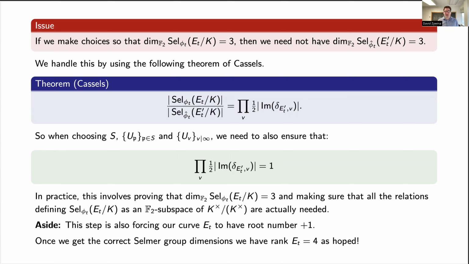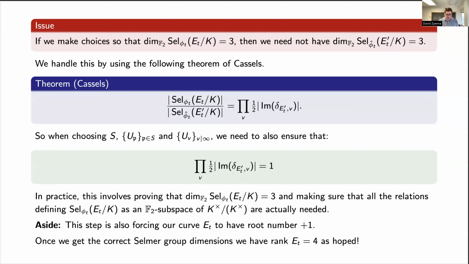And it's a nice way of linking these two groups together. So what happens is when you choose your S and your sets U and guarantee one Selmer group is small, you also at the same time have to make sure this formula holds, that this particular product is 1. And it's a bit of a tightrope balancing act.